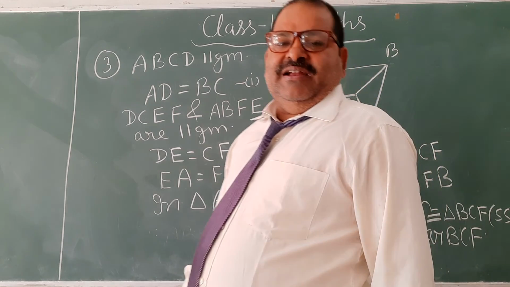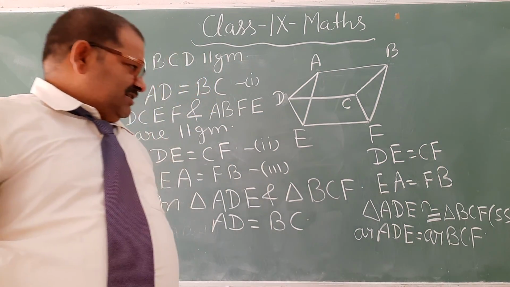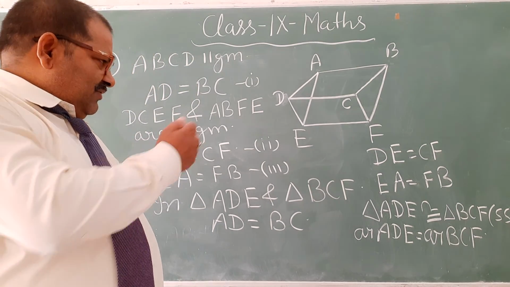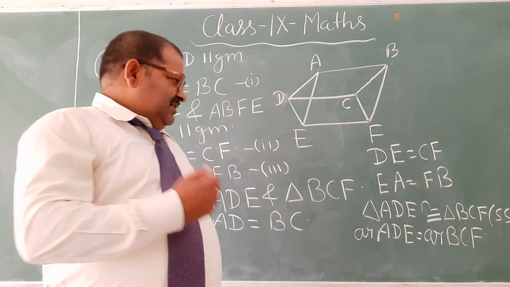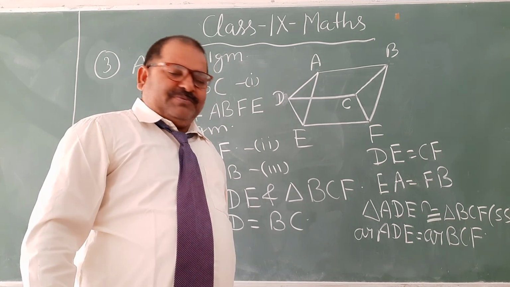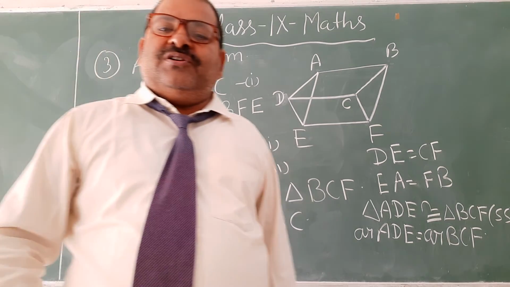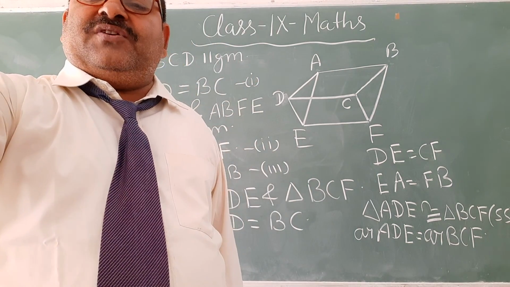In triangle ADE and triangle BCF, AD equal to BC, DE equal to CF and EA equal to FB, then the triangles are congruent. So therefore their areas are equal. Thank you.